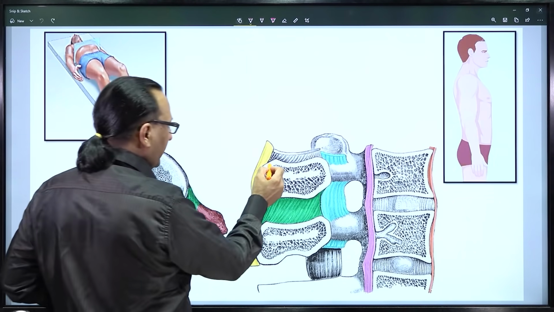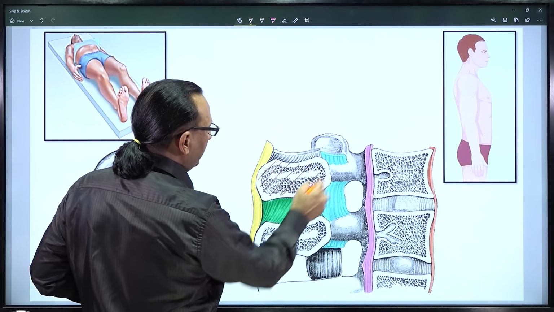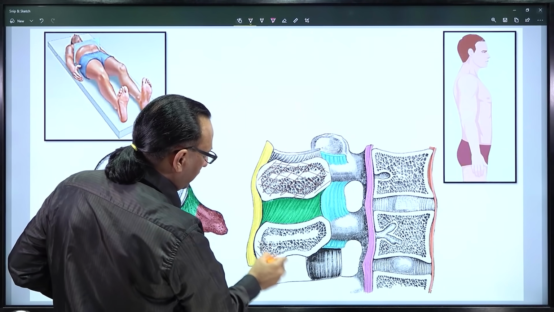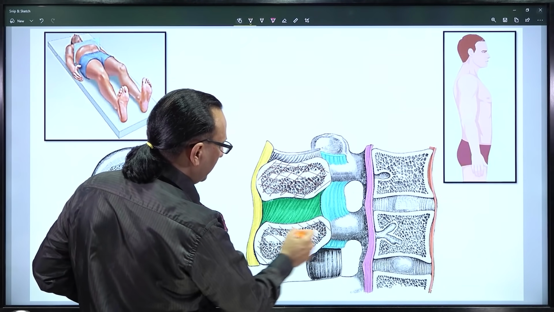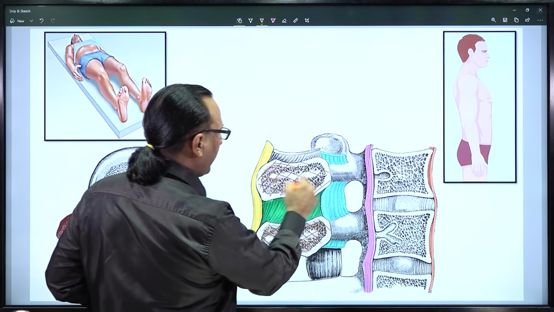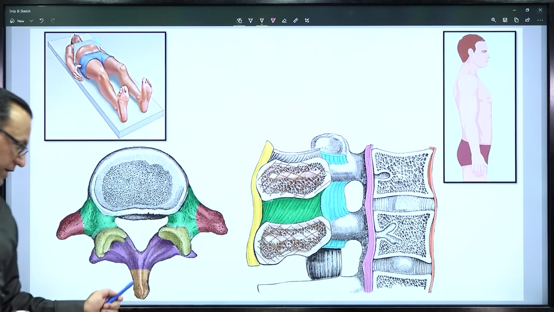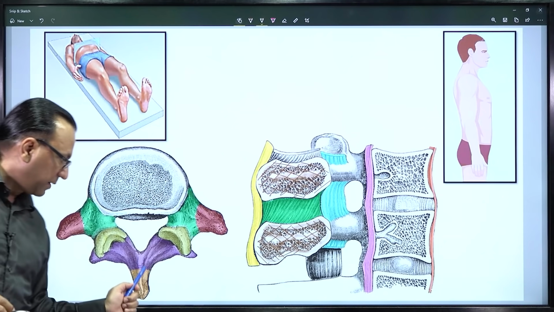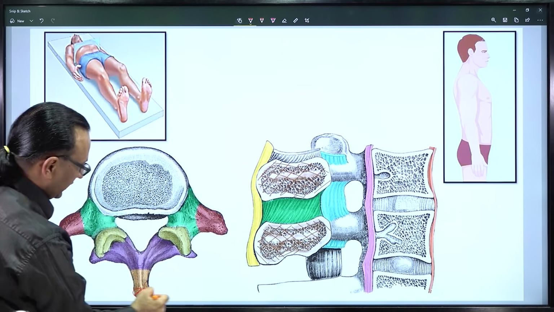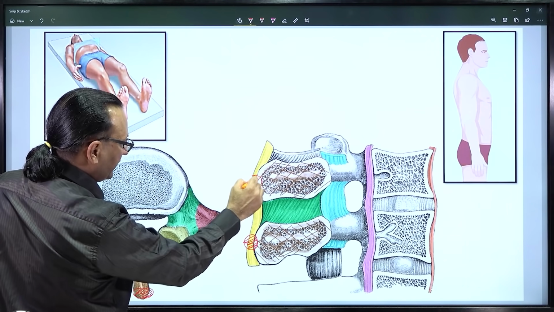This is the spine of one lumbar vertebra and you can see it on the adjacent vertebra also. And then you can also mention the ligaments attaching to the spine of the vertebra. There will be the supraspinous and interspinous ligament. So you can notice the supraspinous ligament is seen here attaching the spines.